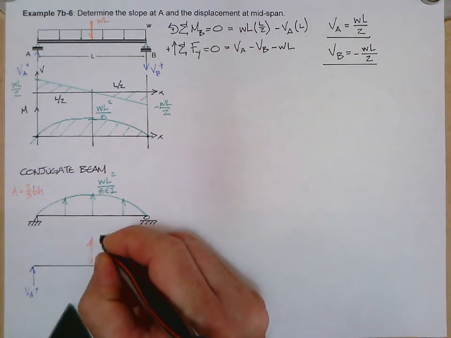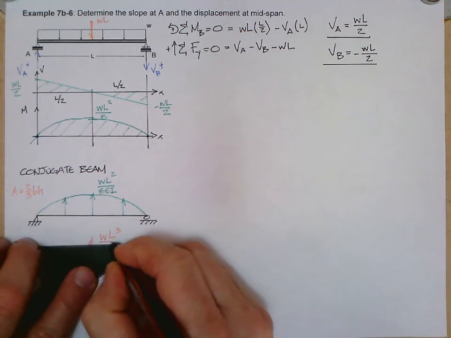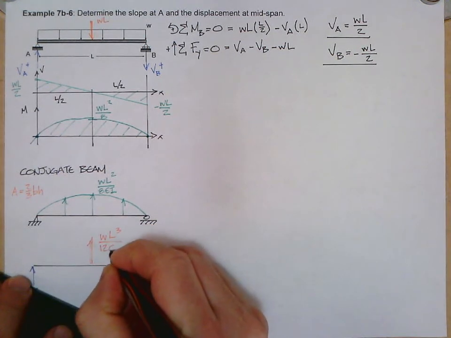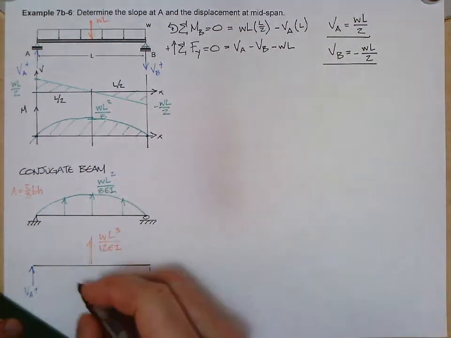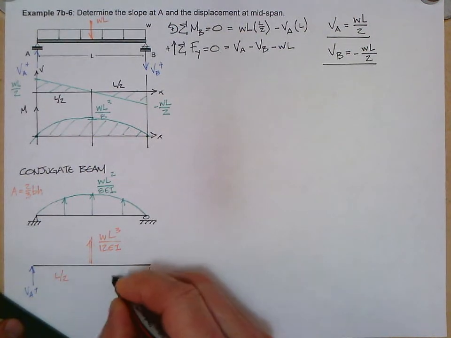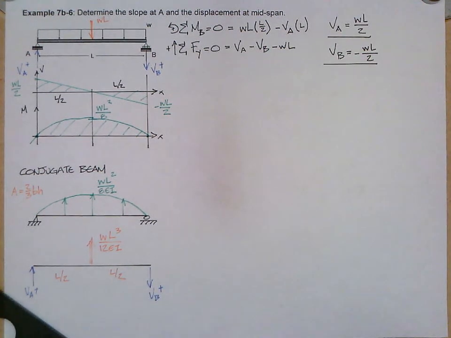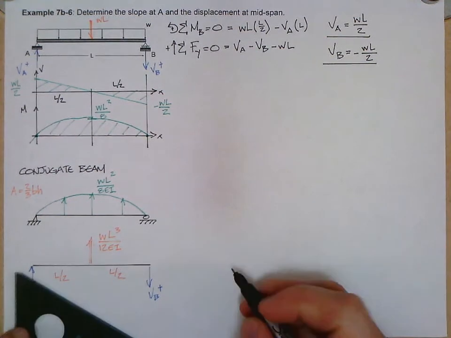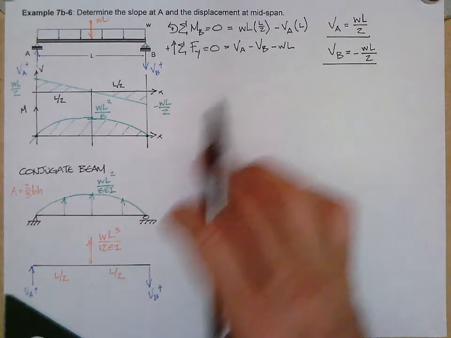So this should end up being WL cubed over 12 EI. And of course it happens right in the center. That's L over 2, L over 2. I'm kind of working down here.